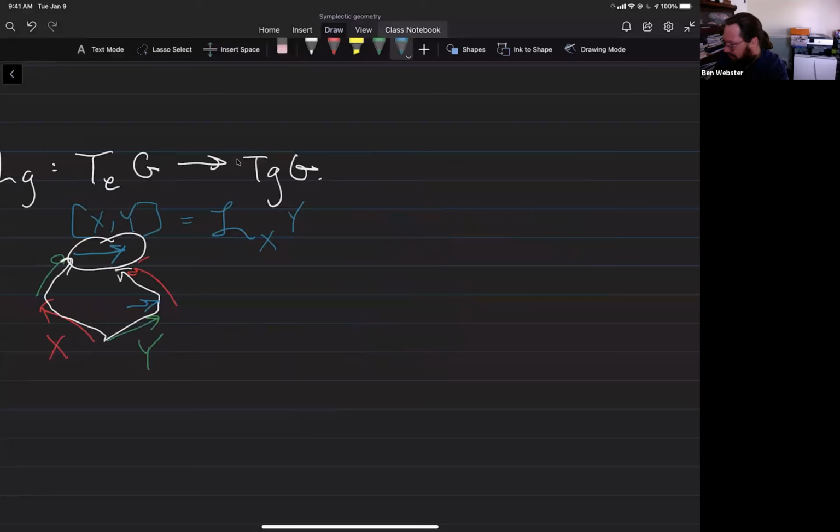Right. And I think this is one of these things where if you really write it out carefully, then it's kind of tautological. But the Lie bracket is about what happens if I flow for X with time 1, flow for Y with time 2.